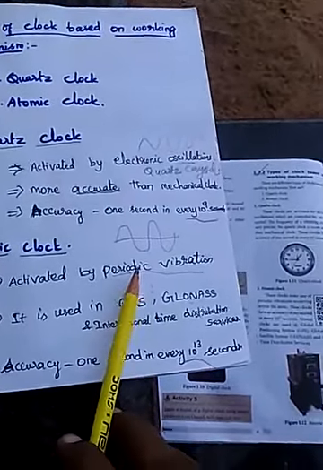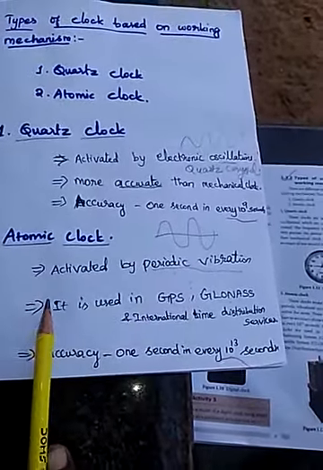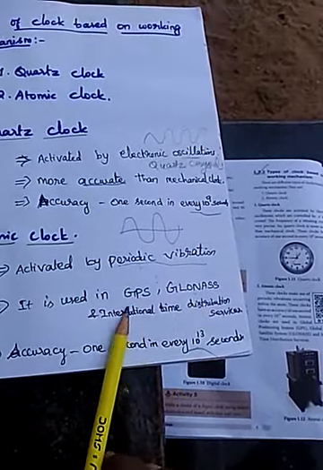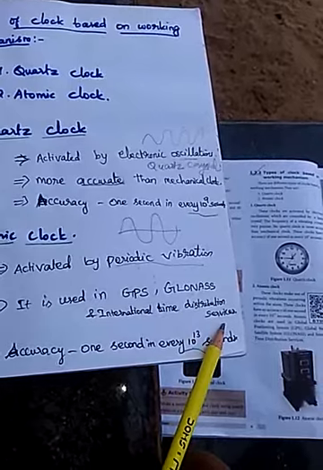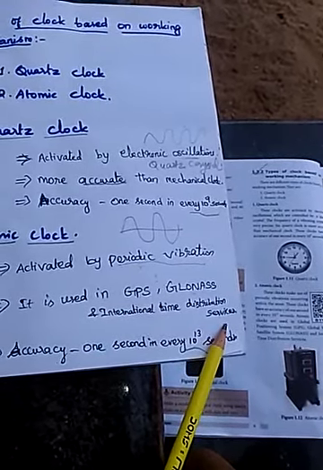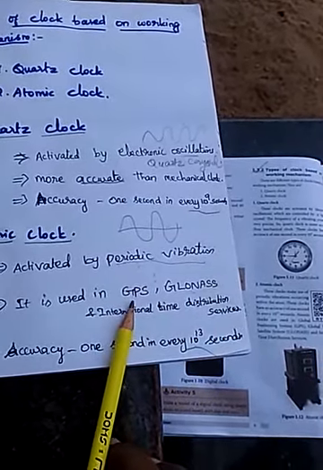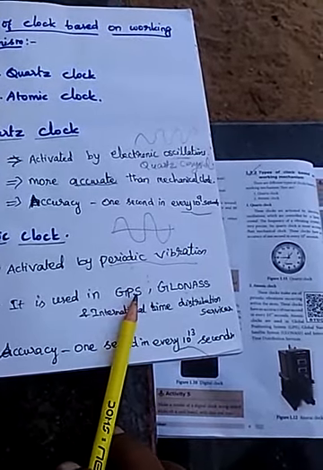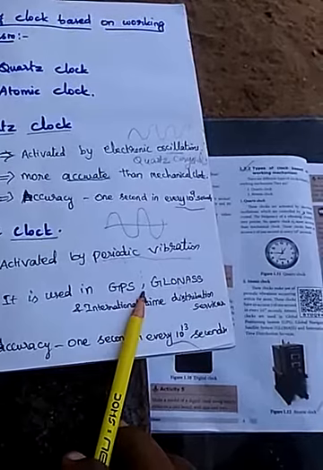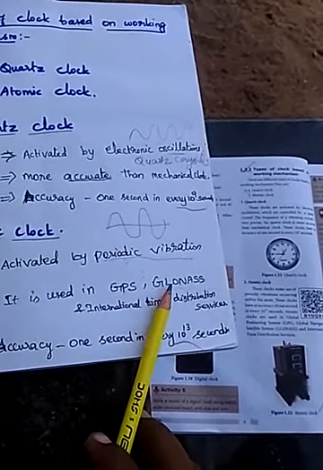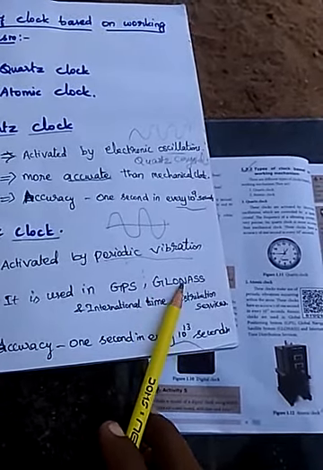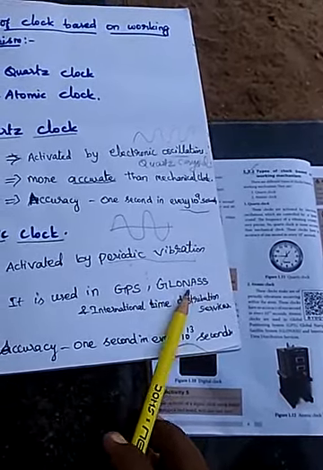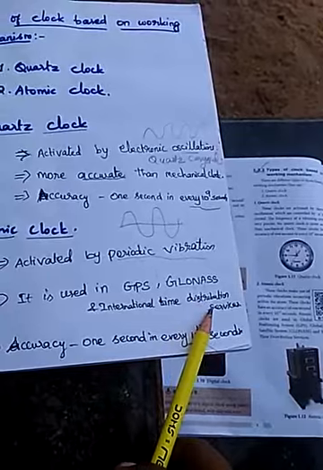Here we see the atomic clock used in GPS, GLONASS and International Time Distribution Services. What is GPS? Global Positioning System. GLONASS is the Global Navigation Satellite System.